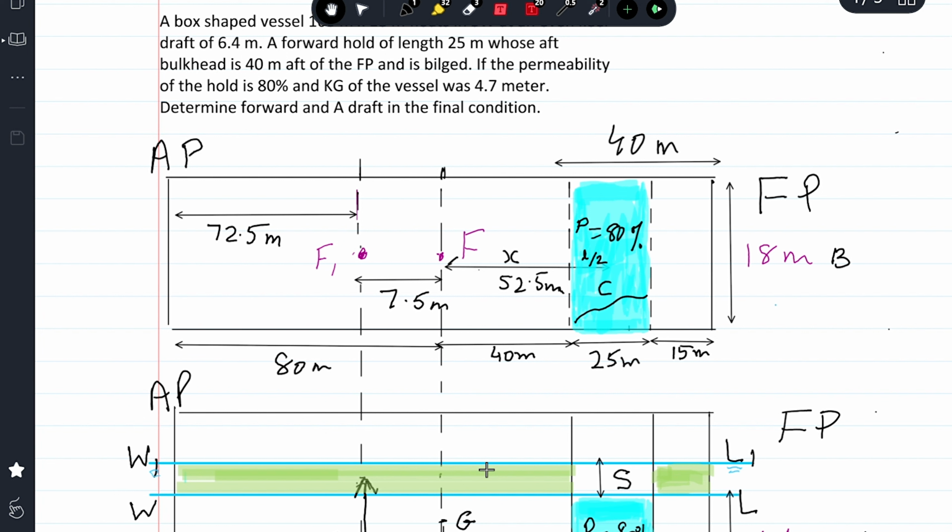So half of the length of the hole will be 25 by 2, which is 12.5, L by 2, plus 40. So from center of flotation to the centroid of this lost water plane area is 40 plus 12.5, which is 52.5. Okay.